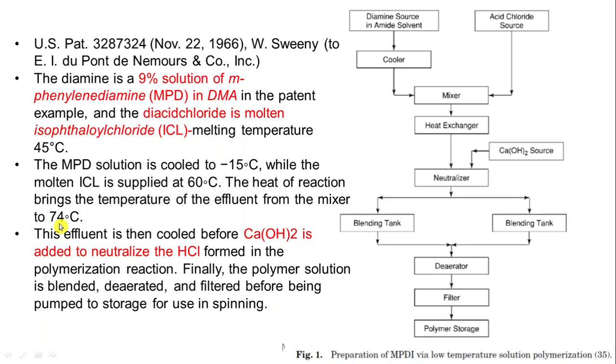In this reaction, hydrogen chloride is formed, which is neutralized by calcium hydroxide, but before neutralizing this acid with calcium hydroxide, the heat is removed by a heat exchanger. Then the formed polymer is blended, deaerated, filtered, and finally sent to storage for further processing to be made into fiber.